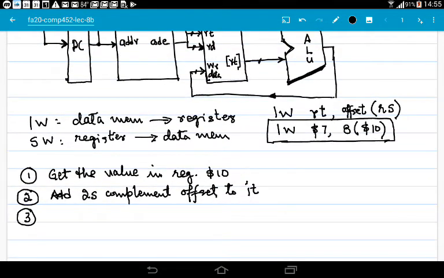Then, send the result to the address input of data memory.